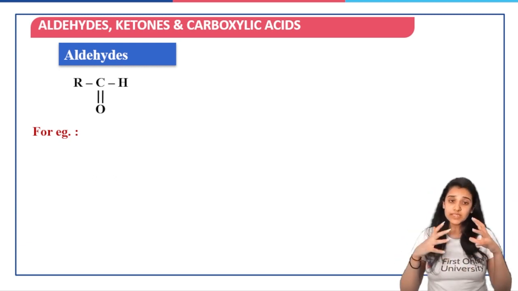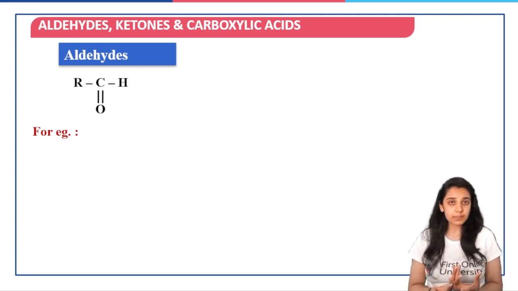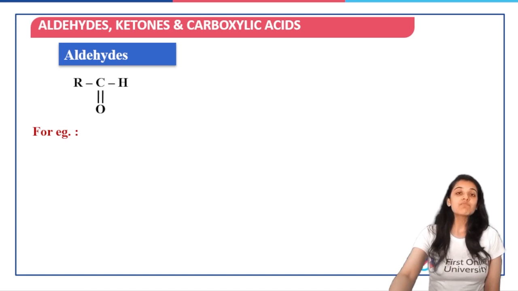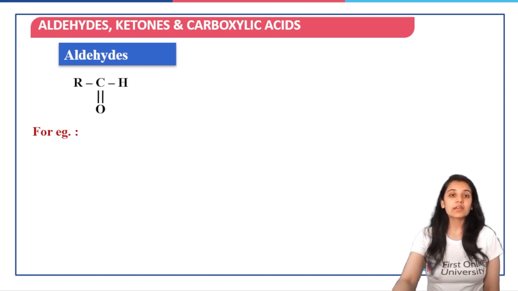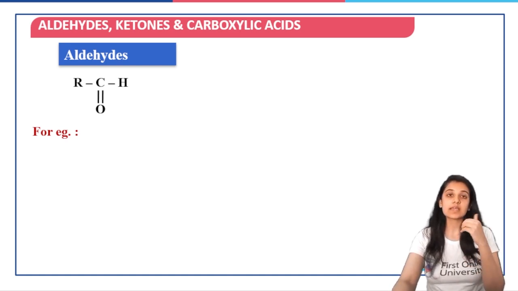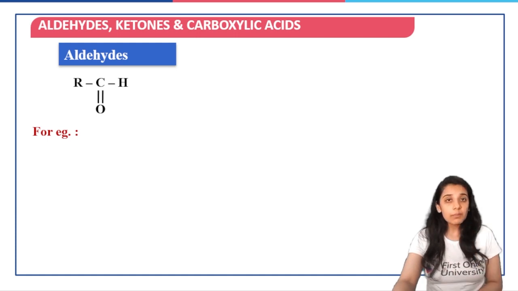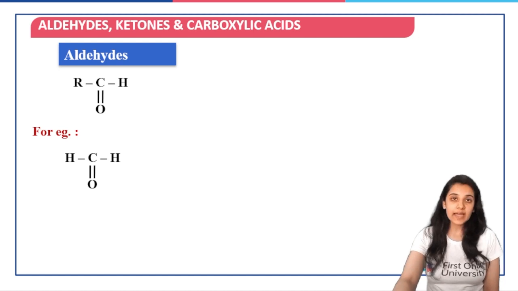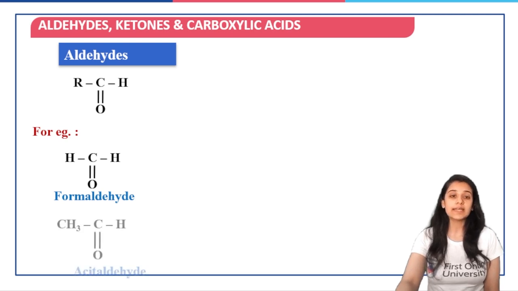Now, this was something that I have orally explained to you. Let us now see all these things through examples. When I say aldehydes are compounds which have a carbonyl group and a hydrogen attached to the carbonyl carbon, let us see the examples. We can have the simplest aldehyde possible, that is formaldehyde, HCHO, H, C double bond O, H. That's called formaldehyde.